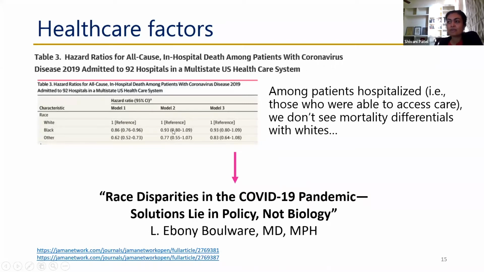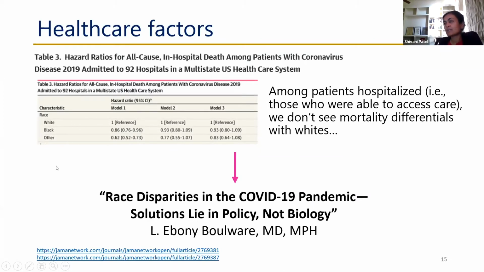Once we account for comorbidities and other factors, those results become non-significant, but basically it's a statistically indistinguishable risk of death from whites, but it still trends to be a little bit lower. And then when we look at other people who identified as other, we also see a lower risk of death.